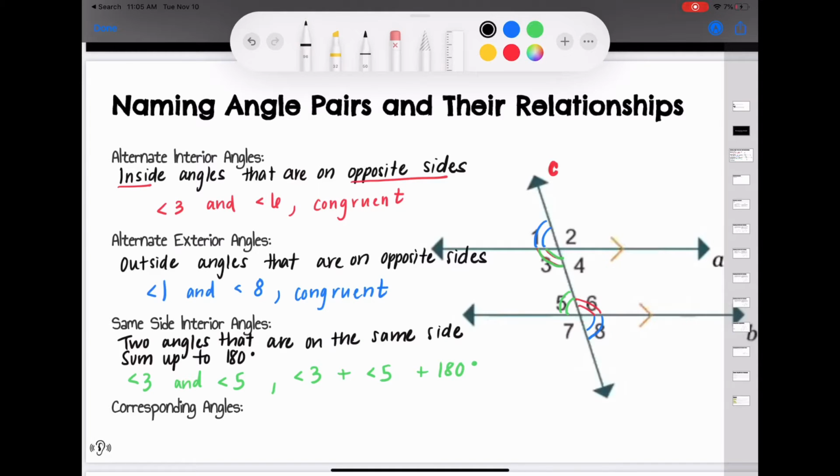Now let's look at another type of angle, and that is corresponding angles. Let us remember that corresponding angles are angles in matching corners.